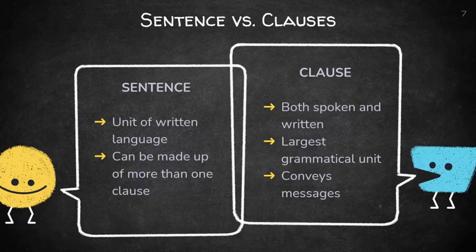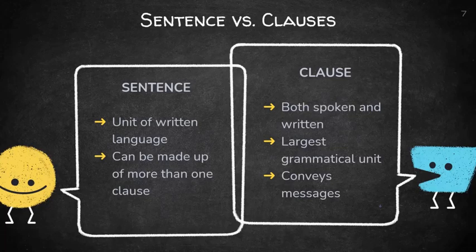They speak in clauses, like what I am doing now. A clause applies to both spoken and written communication, so it is a more general term than a sentence. A clause needs to show a complete idea, and therefore it is said to convey messages. And yes, a clause is also the largest grammatical unit.